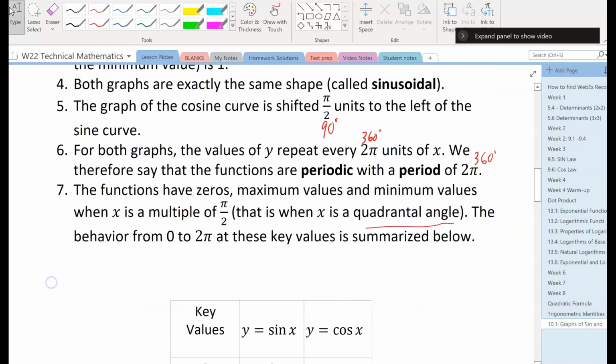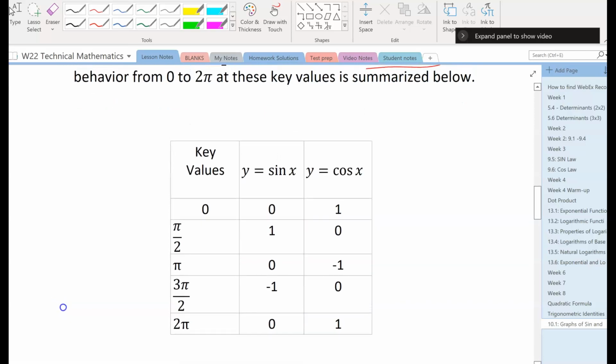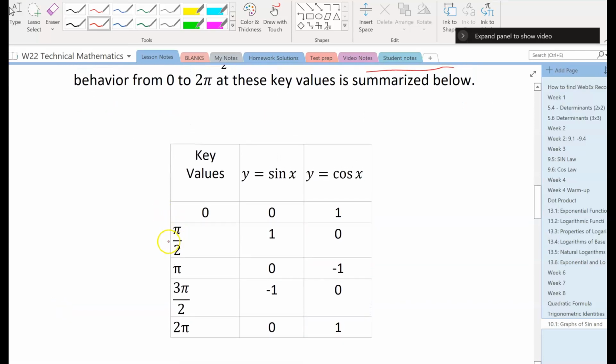So the key values, for y equals sine x, sorry, for 0 first, the sine of 0 is 0, pi over 2 or 90 degrees is 1, pi, which is 180, it's back to 0, 3 pi over 2, which is 270, it's minus 1, and 2 pi, which is 360, it's back to 0 again.